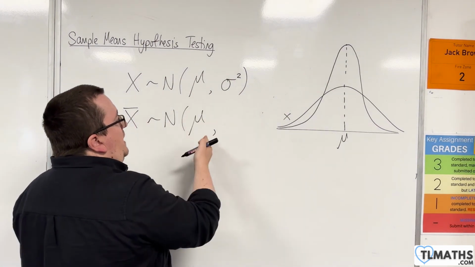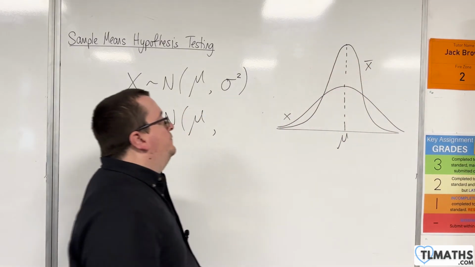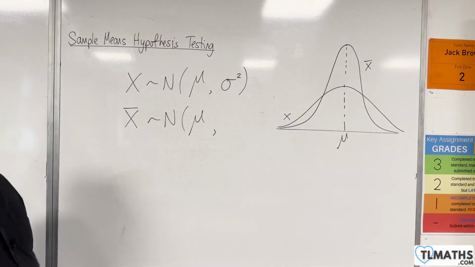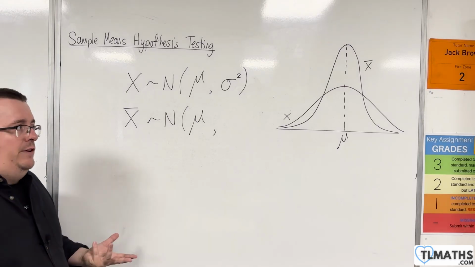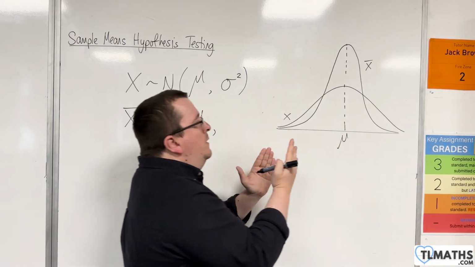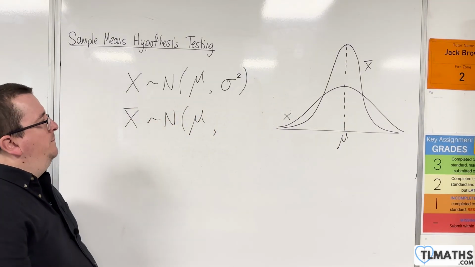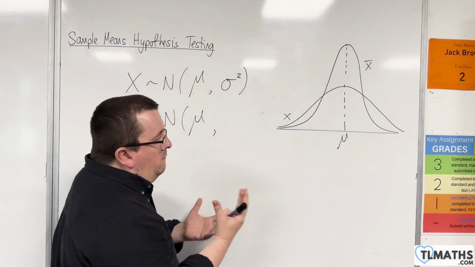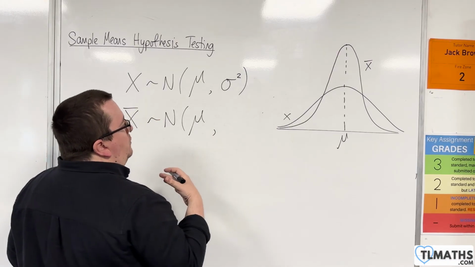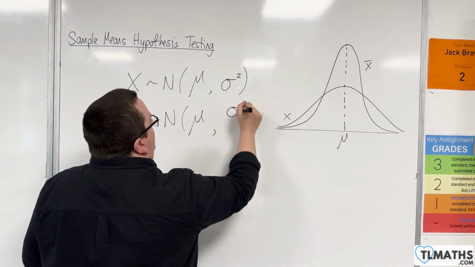So they have the same mean, these are your x bars, but the variance is clearly different. The variance has to be different because it is thinner and consequently taller, because they both have to have the same area of 1.